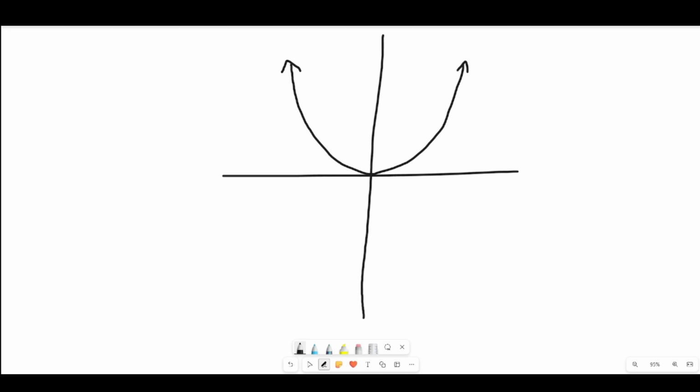So this line right here, the x-axis, that means every point on this side would be the same distance as the point on this side, which means it's going to go like this, this, this, and so on. So if we draw that out, we get another graph reflected. So as you can see, the points are equal distance on both sides from the x-axis. This would be a reflection over the x-axis.